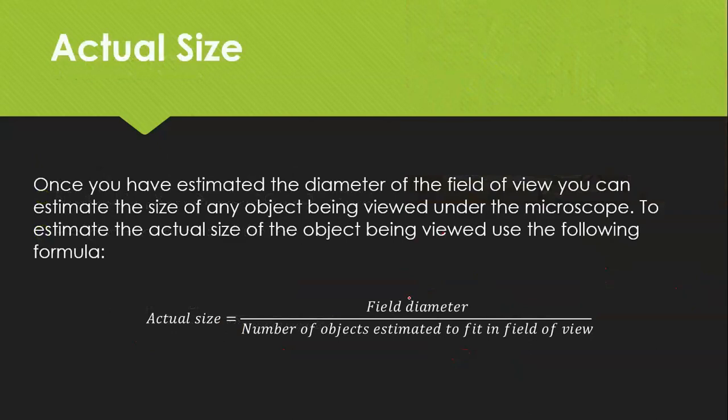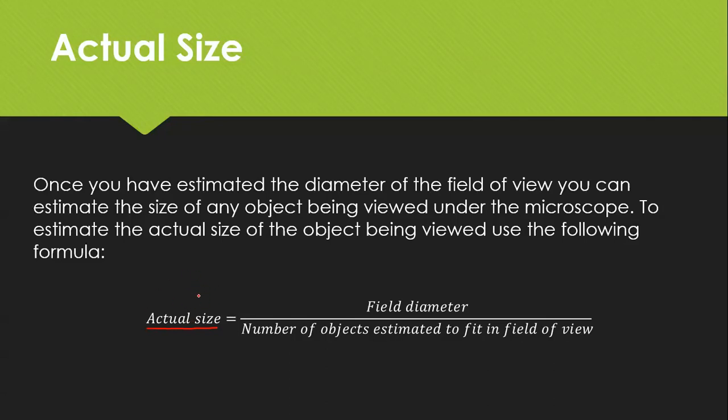Now, once we know the field diameter, we can estimate the actual size of the objects that we're viewing. Again, I'm sounding like a broken record, skipping because I'm repeating myself over and over, but you can find all of these formulas on the last page of your data booklet. So we don't have to memorize these.